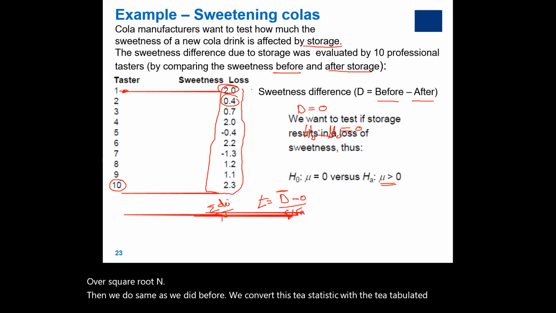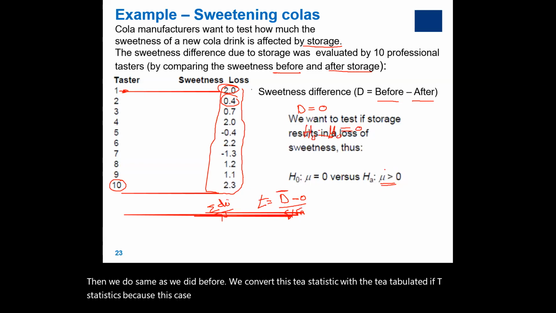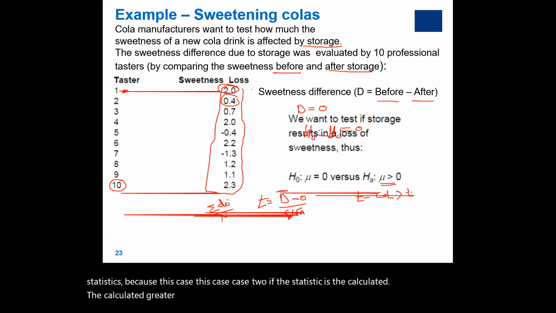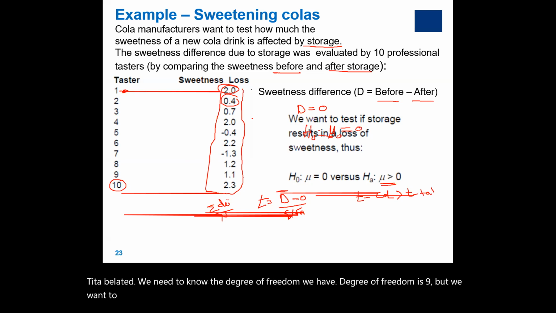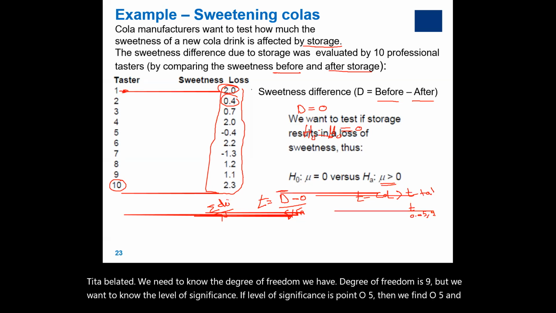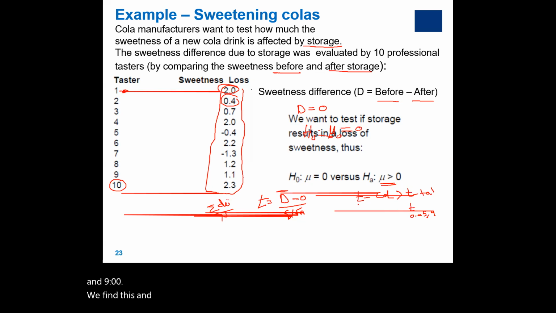If t calculated is greater than t tabulated, we reject H naught. For t tabulated, we need the degrees of freedom, which is 9, and the level of significance. If the level of significance is 0.05, we find the value for 0.05 and 9, and compare it with the t calculated.